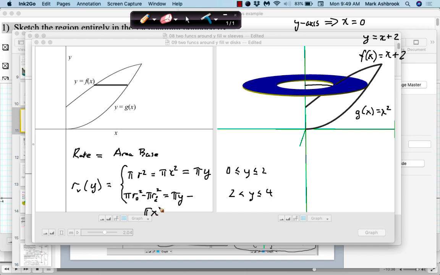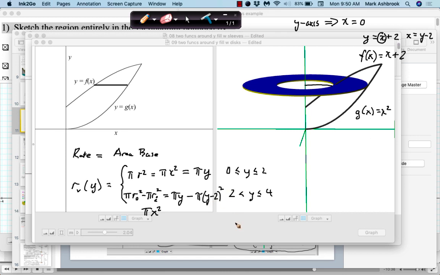So what is x squared in terms of y? If y equals x plus 2, then x equals y minus 2. That's my x, and that's my radius. And then the area of the inner circle is going to be pi times radius squared, or pi times y minus 2 quantity squared. Okay, I did that fast.